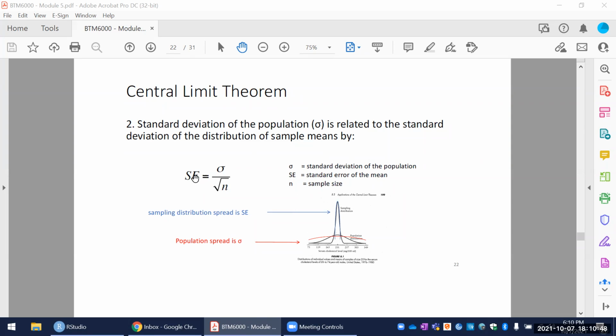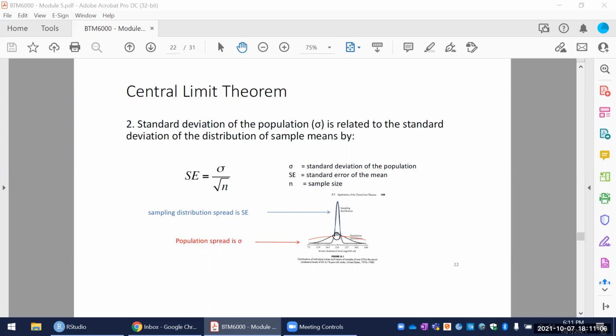The standard error of the mean is the variability of the means of all the samples that were drawn.